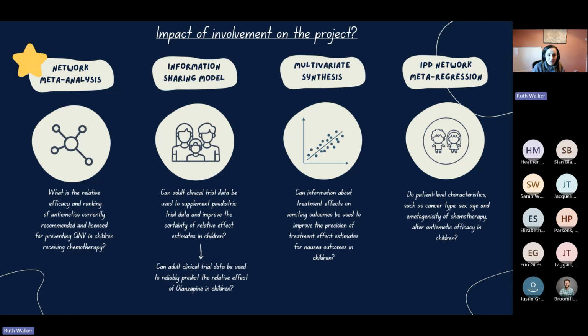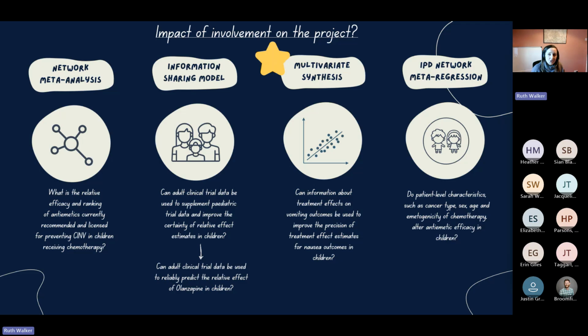So this led to a key recommendation of the synthesis to improve reporting within the primary clinical trials and potentially develop a core outcome set which would help to standardize reporting across trials and make synthesis within the area more possible within future research.